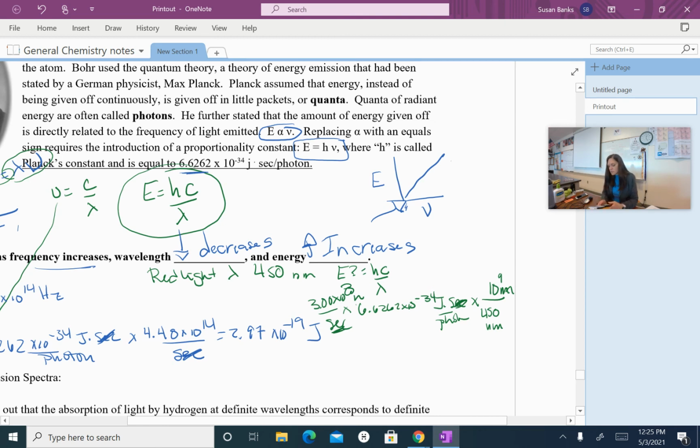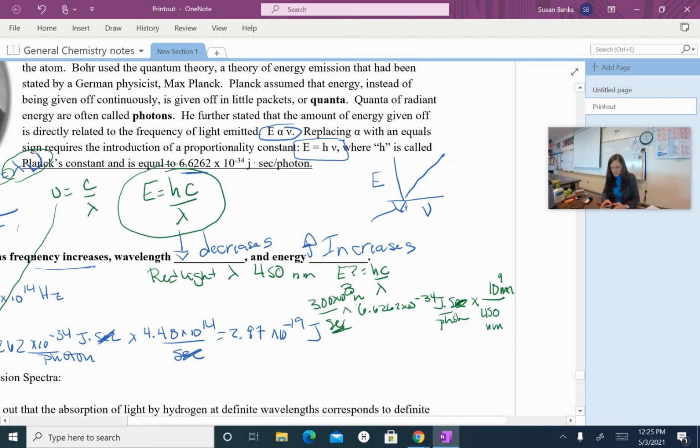Okay, so we're going to take 3 times 10 to the 8th, and we're going to multiply it by Planck's constant, which is 6.6262 times 10 to the negative 34. And we're going to divide it by our wavelength, which is 450 nanometers.